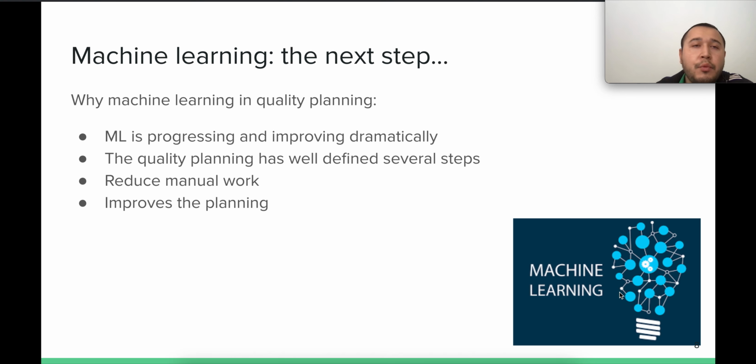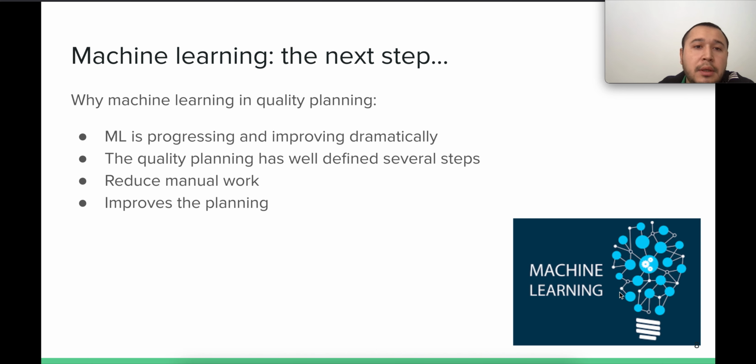Okay, when we think about automation of a process nowadays, machine learning is the next step. We can think of machine learning as not the future but the present, because machine learning is already applied in several fields of our current world. I would also like to justify the machine learning approach in several words: machine learning is progressing and improving dramatically, right?